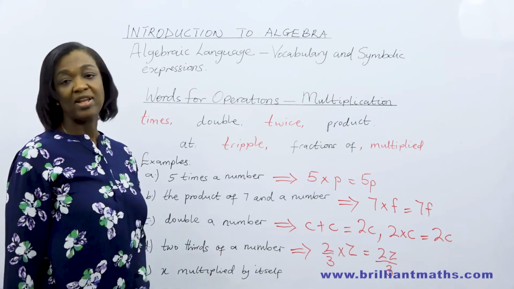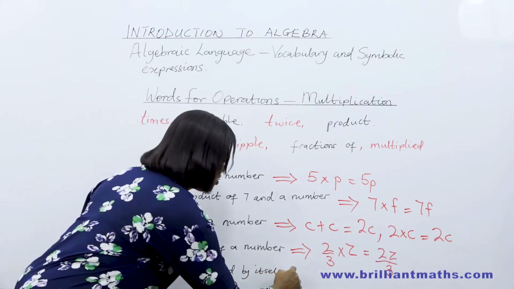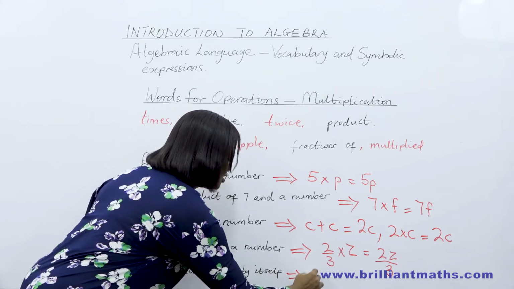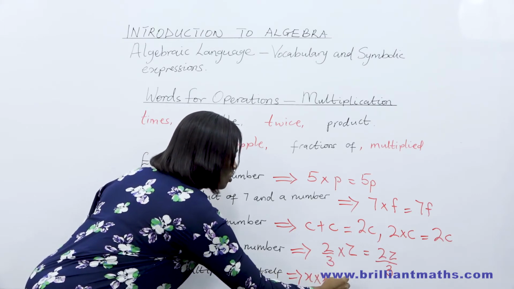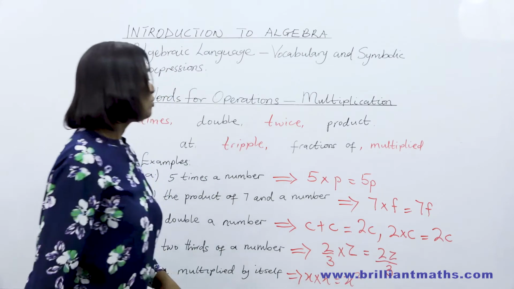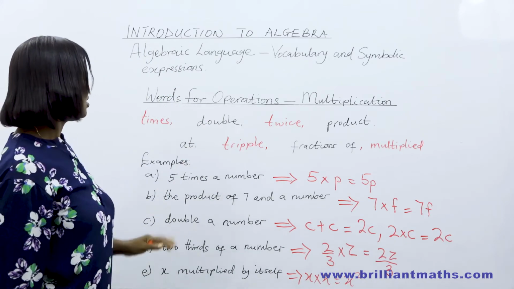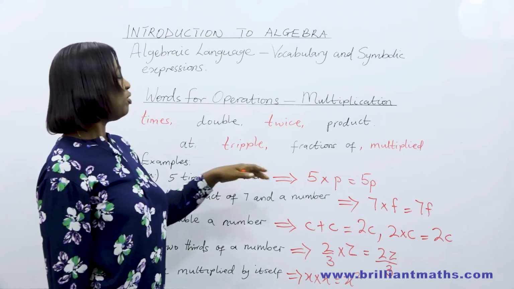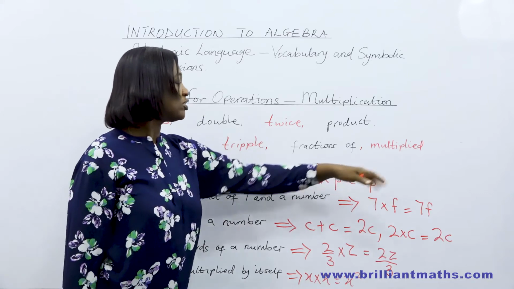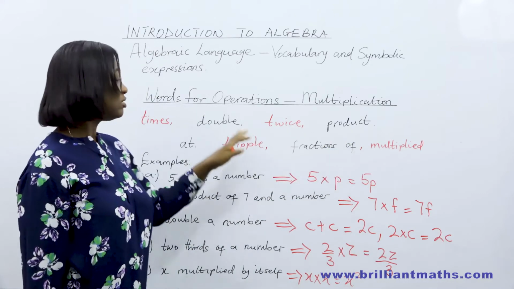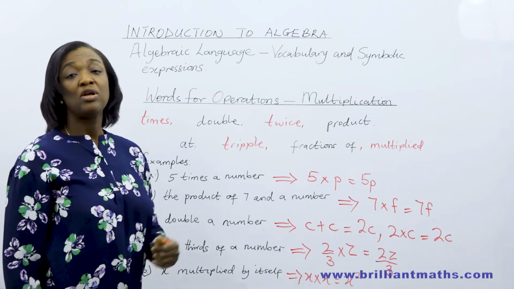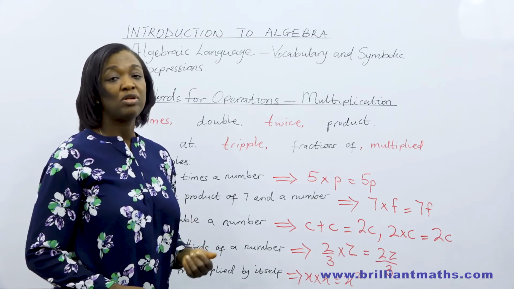X multiplied by itself means x times x, which is equal to x squared. So these various vocabularies, times, triple, fractions of, multiplied, product, double, they all mean multiplication in a word problem.